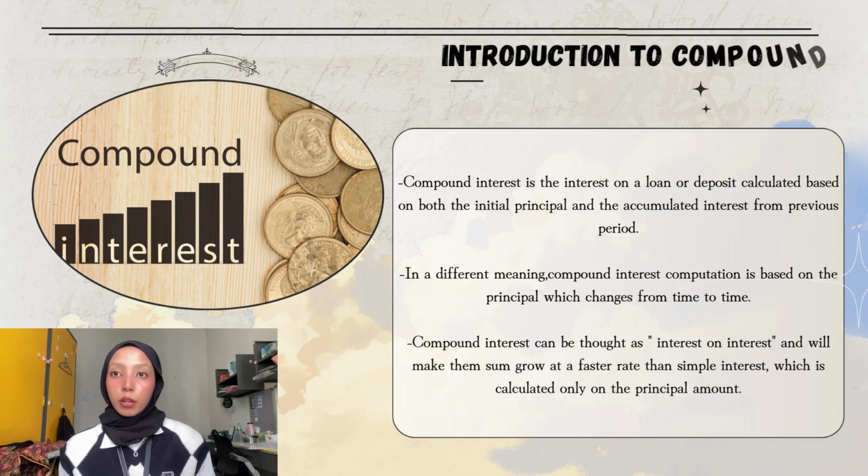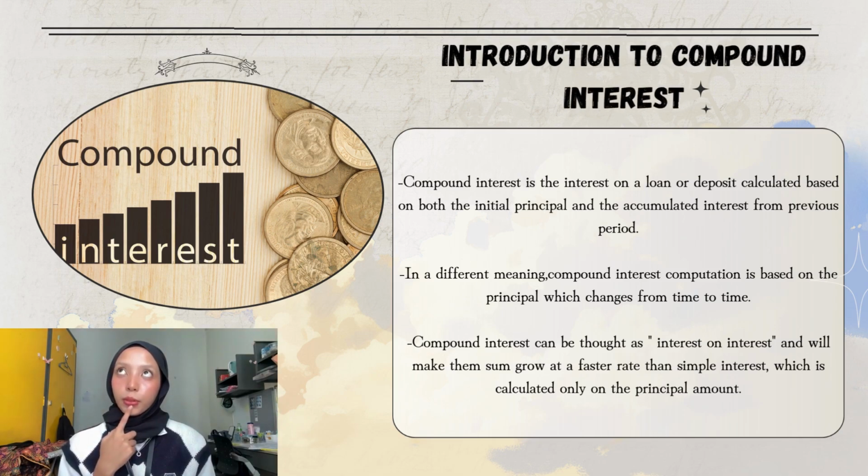Today I will talk about compound interest. What do you know about compound interest? Compound interest is the interest on a loan or deposit calculated based on both the initial principal and the accumulated interest from previous periods.